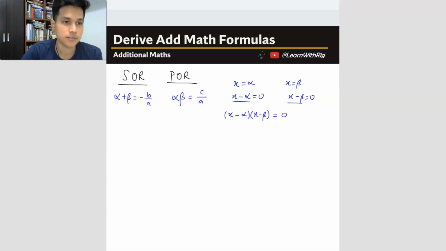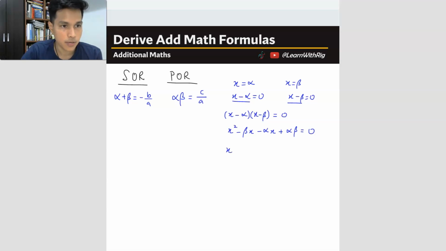So we're going to expand this. When we expand, what do we get? We get x square minus beta x minus alpha x plus alpha beta. Okay, so this is the equation. Now here you have x and x, so we can combine.